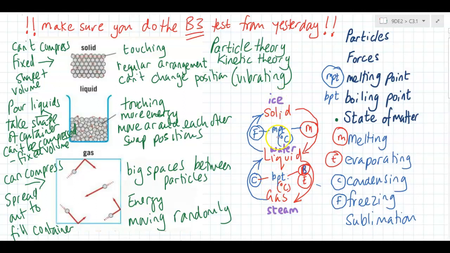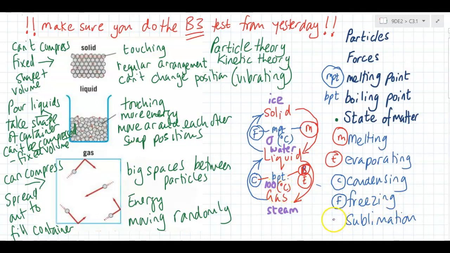We know that ice melts and water freezes at 0 degrees C, and water boils and steam condenses at 100 degrees C. So it's important to remember that freezing and melting, we could change the word melting point to freezing point. We could change the word boiling point to condensing point. And those temperatures are fixed.